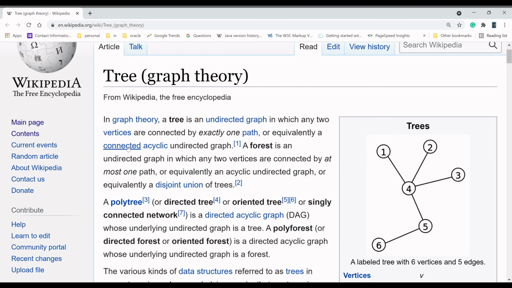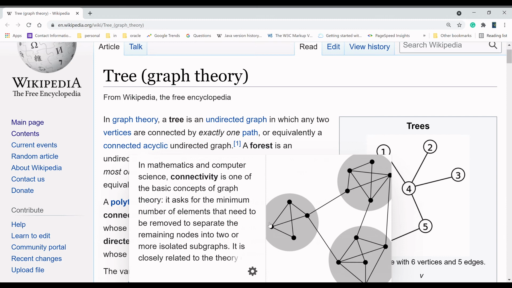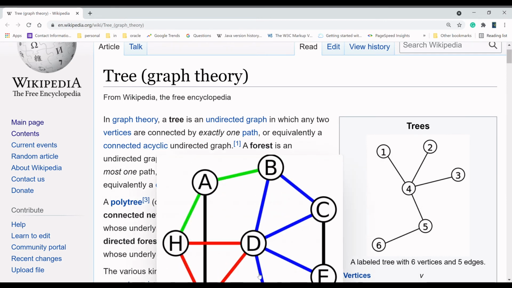What is a connected acyclic undirected graph? Connected means one vertex is connected to any other, and all the vertices are connected with all the vertices available in the graph.